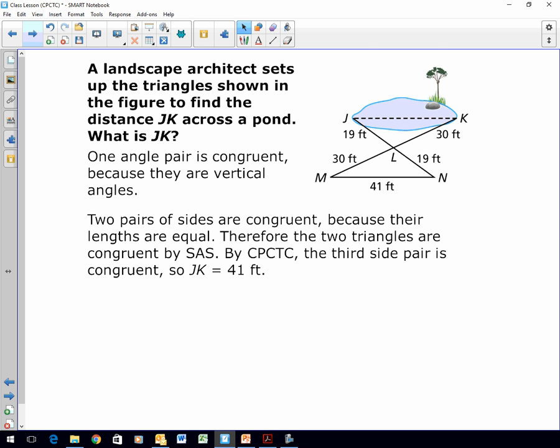Dylan, what do you know about these two angles right here? They are what? What do you know about vertical angles? Good. 19 is congruent to 19, 30 congruent to 30. Which theorem would prove that those two triangles are congruent?